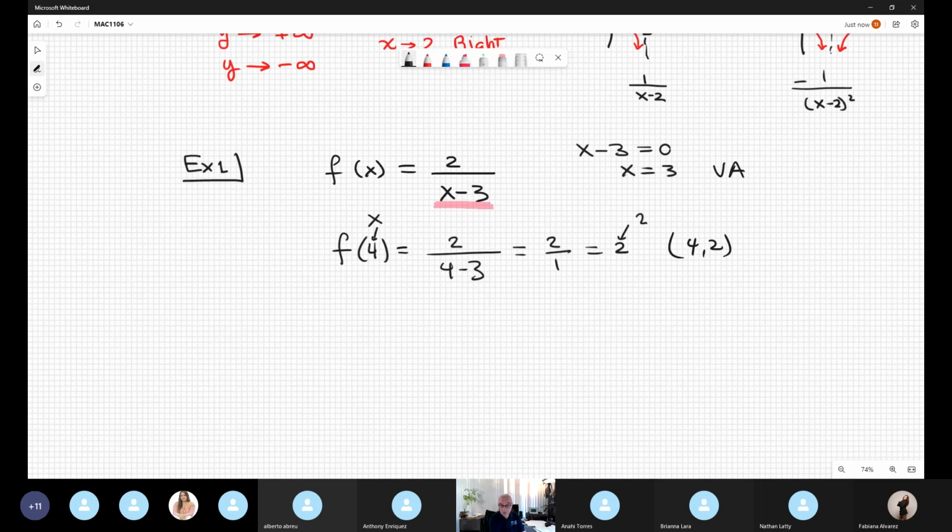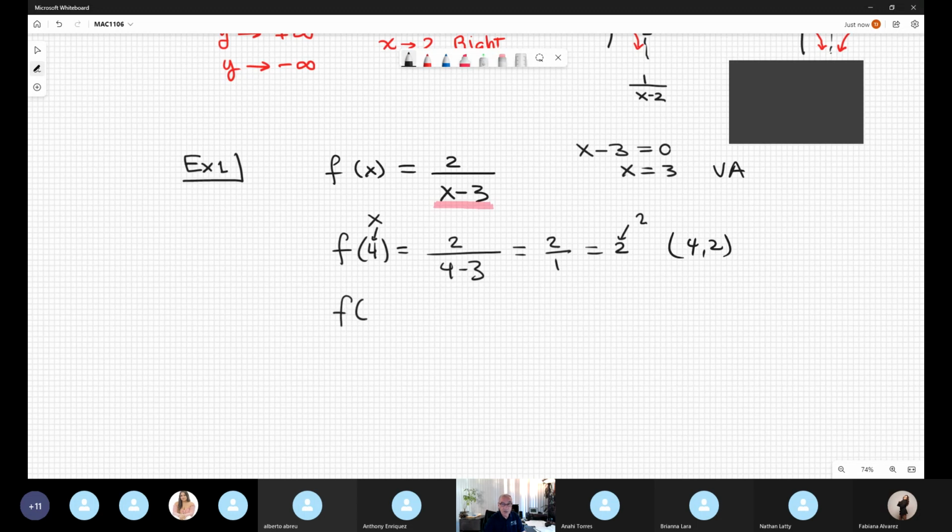Okay, so we continue. Now evaluate at 2, maybe. Why do I select 2? Because of the asymptote I want to investigate, look, at 3: 1, 2, 3. This is my vertical asymptote. So I evaluated at 4, and the answer was 2. So I get that point, 4, 2.